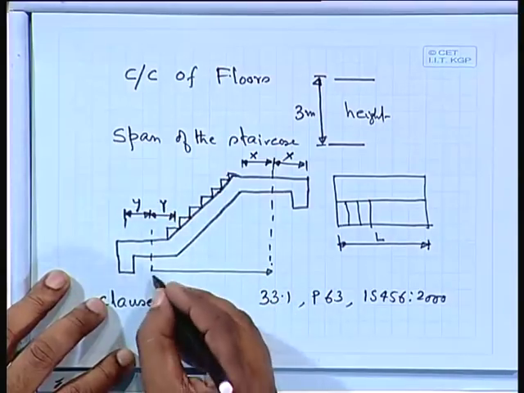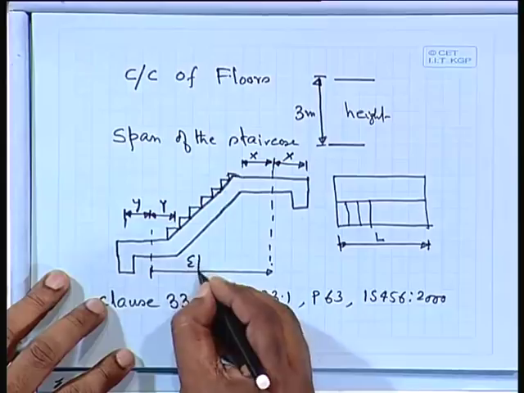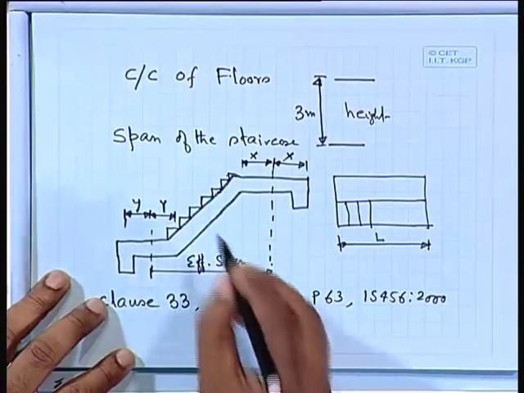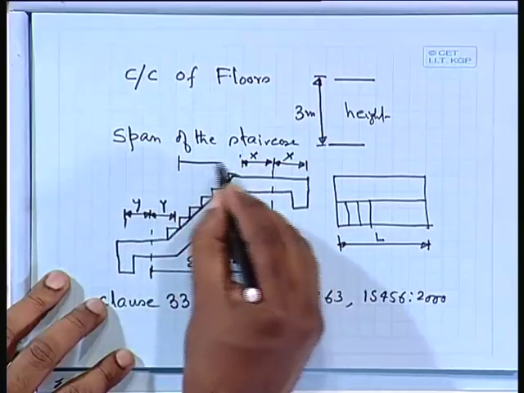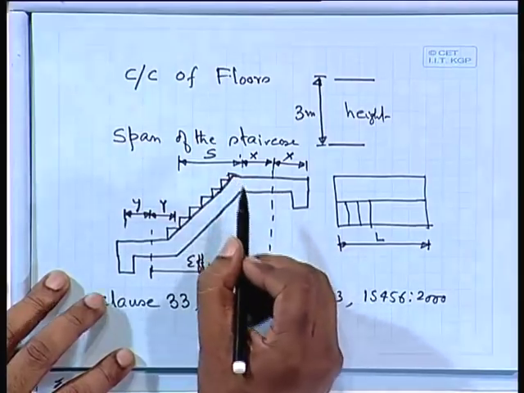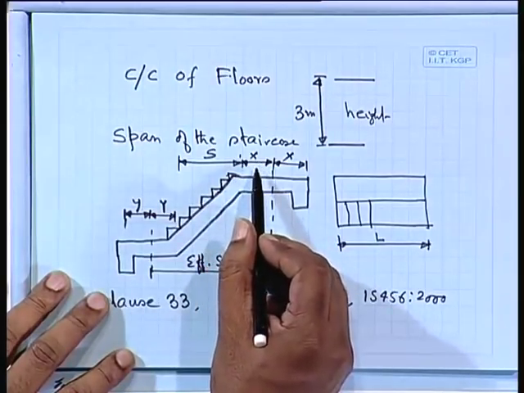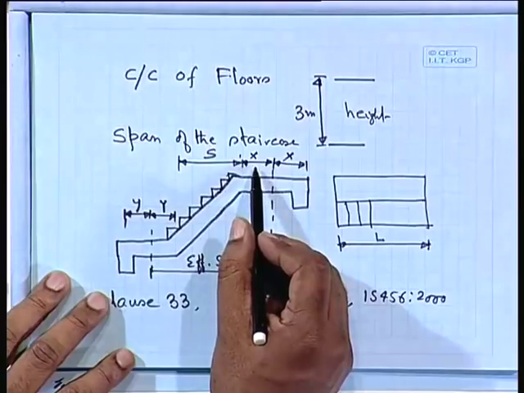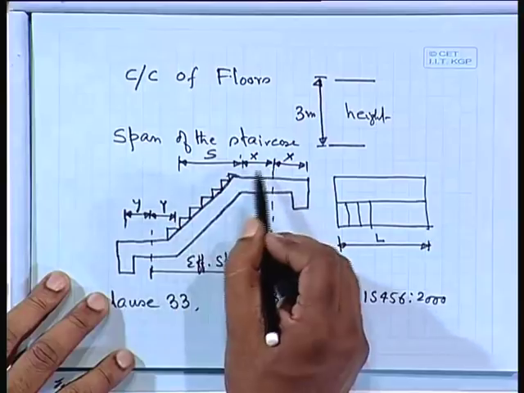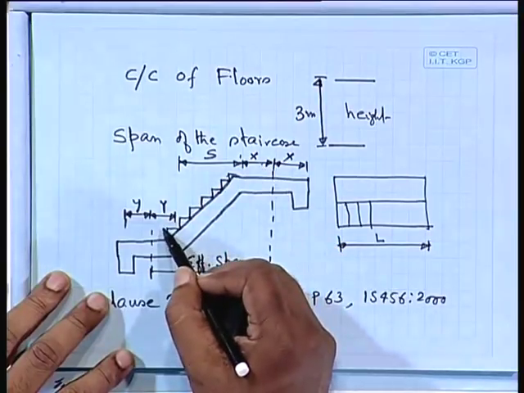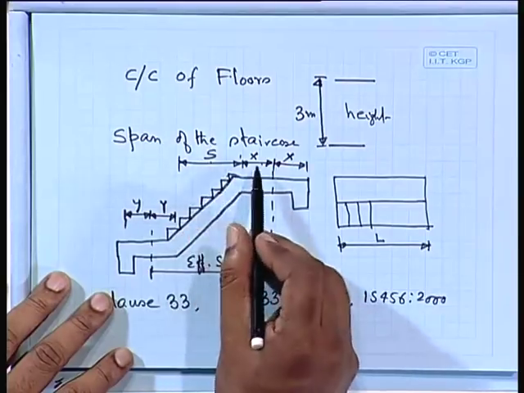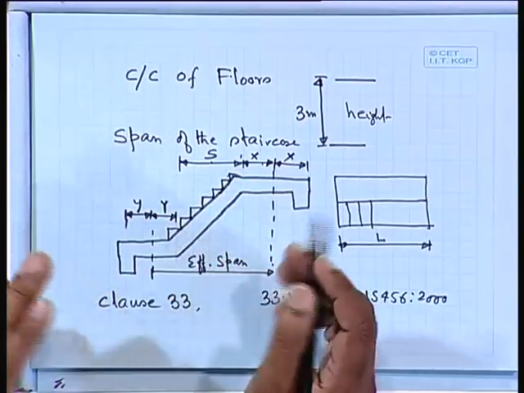Our code says, and this is your effective span, and this is a certain distance, say S. S is the distance. So our code says that if x is less than 1 and y is also less than 1, then you take S plus x plus y as the effective span.